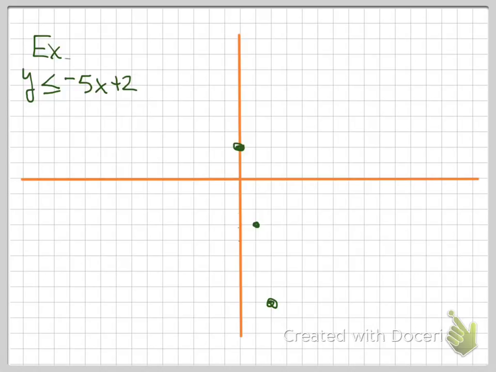So let's do that. Now supposedly with this we want to say shade below. So we did the y-intercept, we used the slope, and the line told me solid line, now I want to shade below.